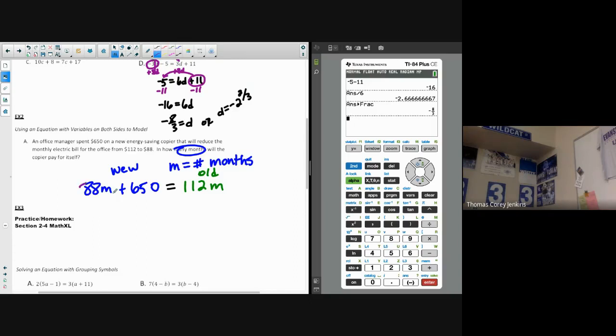So in this case, that means moving 88M over to that side. So minus 88M, both sides. Gives me just 650 by itself on the left side. And then whatever 112M minus 88M is, make sure I don't mess up. So that'd be 24M.